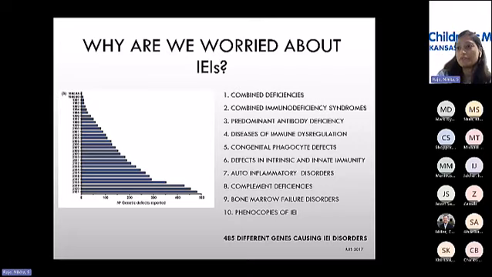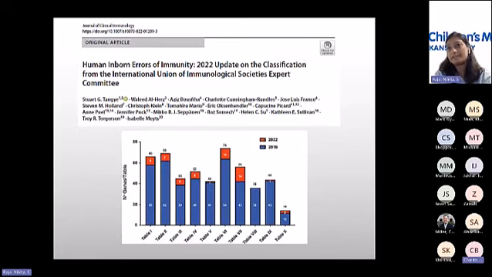So we'll go over some of these categories. We're likely not going to touch on the autoinflammatory disorders or bone marrow failure disorders or phenocopies. Some of these disorders don't really present with infections as their main feature, which is the topic for today. But we'll touch upon the rest of the categories.